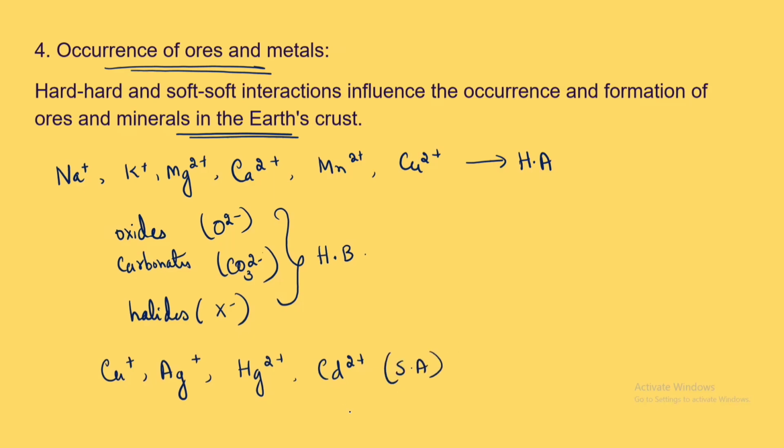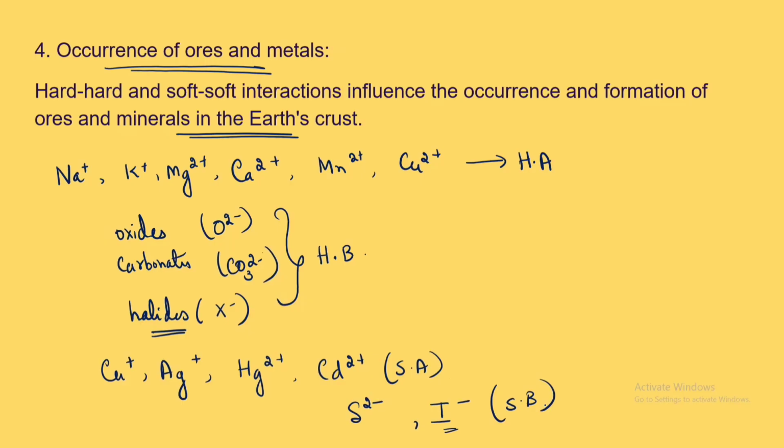So they occur as their sulfides, okay, S2-, or it can also occur as iodides. So mainly here, if I'm talking about halides, we are talking about chlorides as well as fluorides. But here we know that iodide is a soft base. So mainly here, these soft acids are in combination with their soft bases, okay.